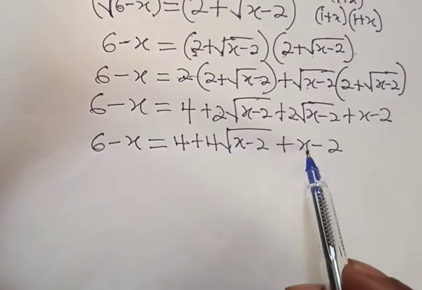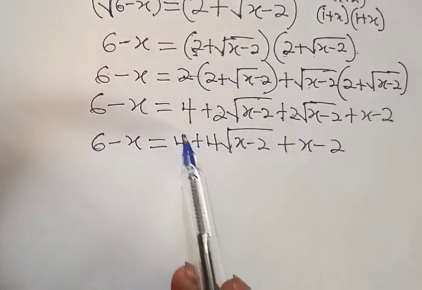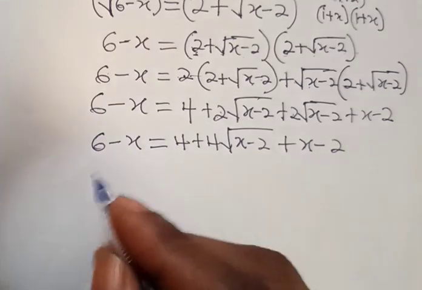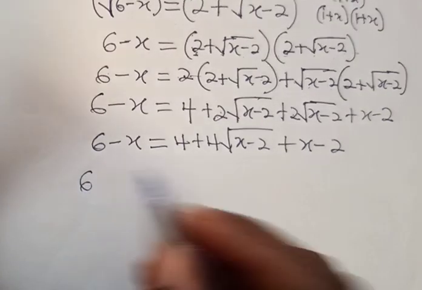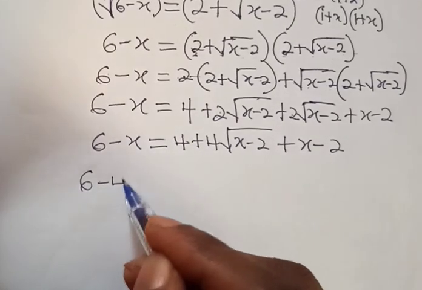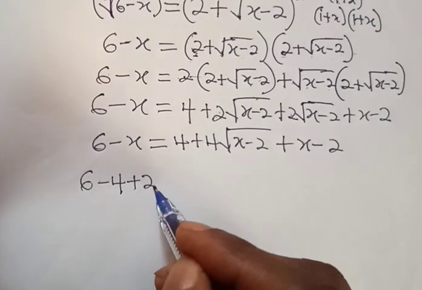Once we have this, we can group like terms. We can decide to send all this here and leave the one with the radical sign at the other side. So I can write my 6. Then I have 2 here. So when it comes here, I will bring my 4. I have 2 here. When it comes here, it becomes 2.